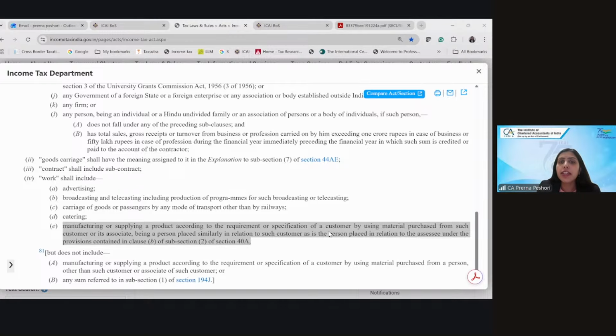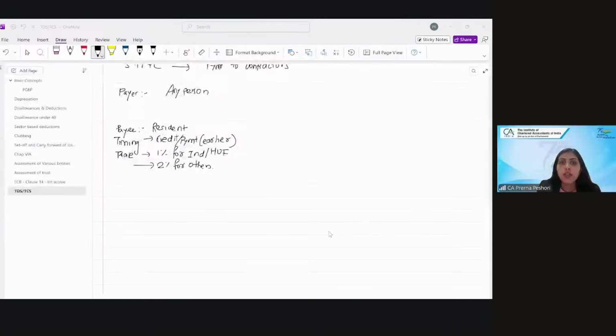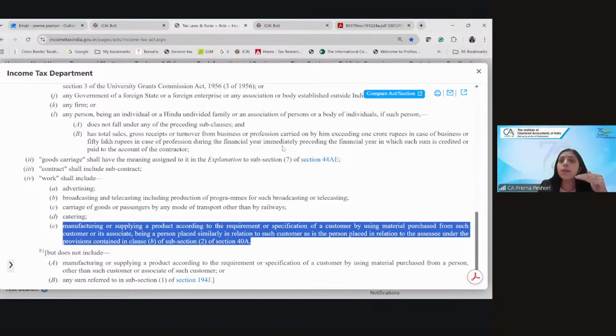Are we getting this particular point? So job work means what? That I manufacture the material or supply a particular product according to the requirement of my customer, but I take the material from the customer itself. If I purchase the material from somebody else, that is not job work. So let's say, when you talk about the bags, right?